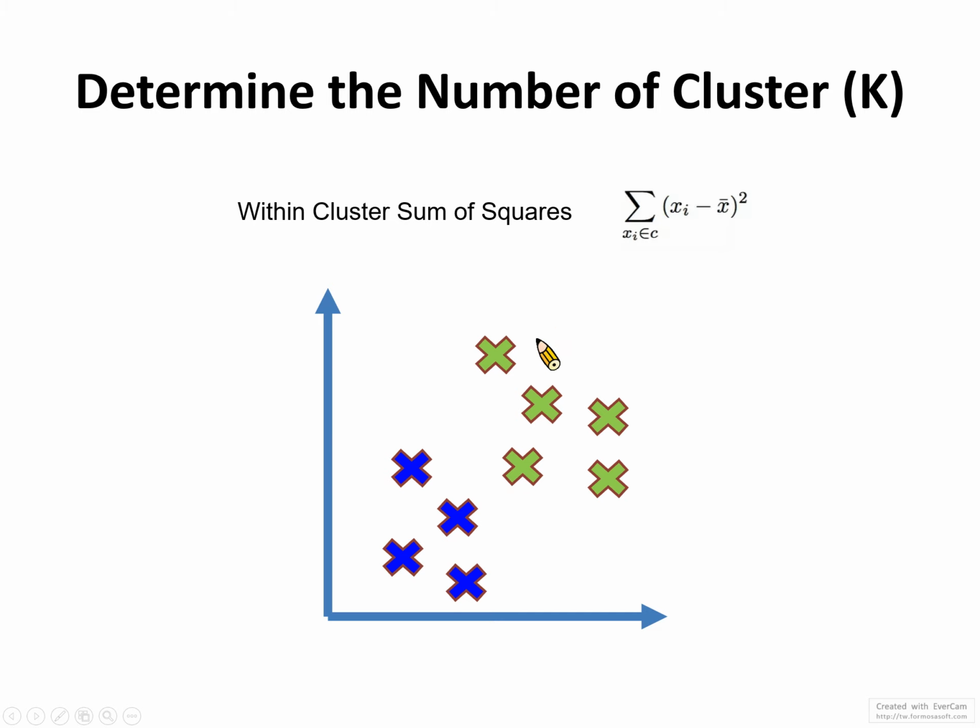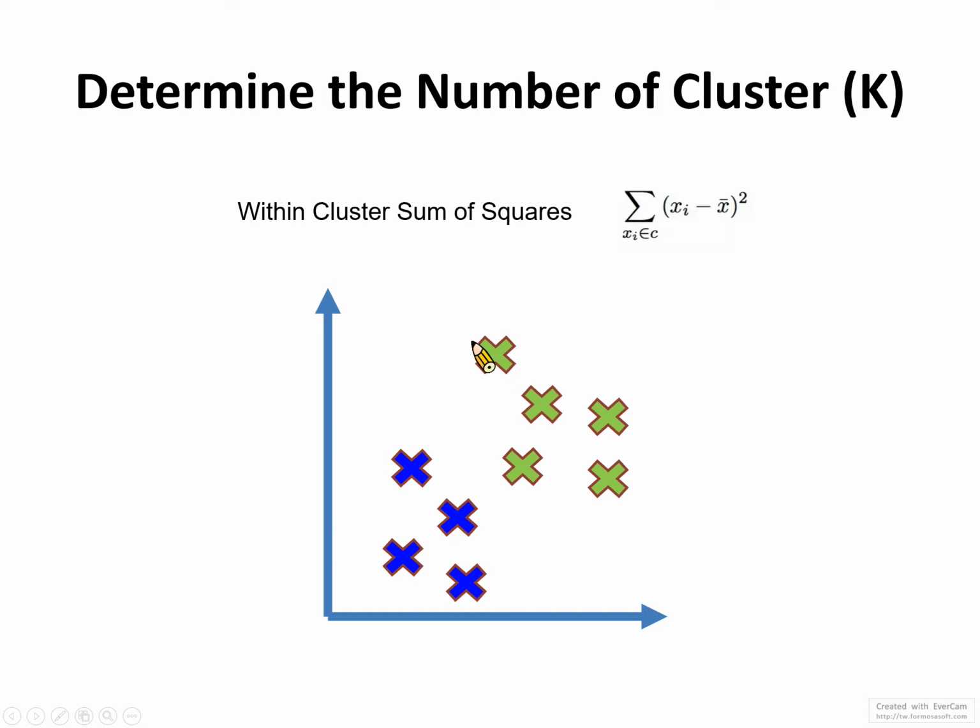Then you can sum up the squared distance of all these distance measures between each data point and the centroid. So in the case of k equals 1, meaning that you have only 1 cluster, you will find the within-cluster sum of squares by calculating the distance between each data point and the centroid, but it's a squared distance, okay?